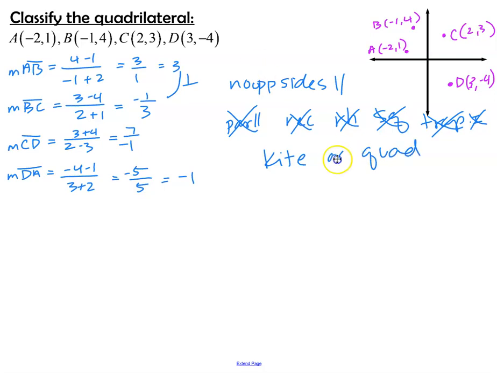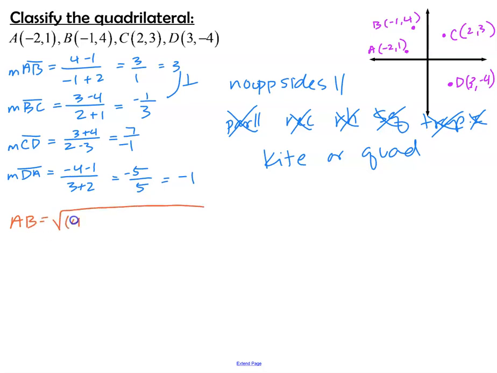So in order to do the kite check, we're going to need to take the distance of all 4 sides and see if the consecutive ones are congruent. So let's go ahead and do that. First, let's find the length of segment AB. So we're going to pull out our distance formula.